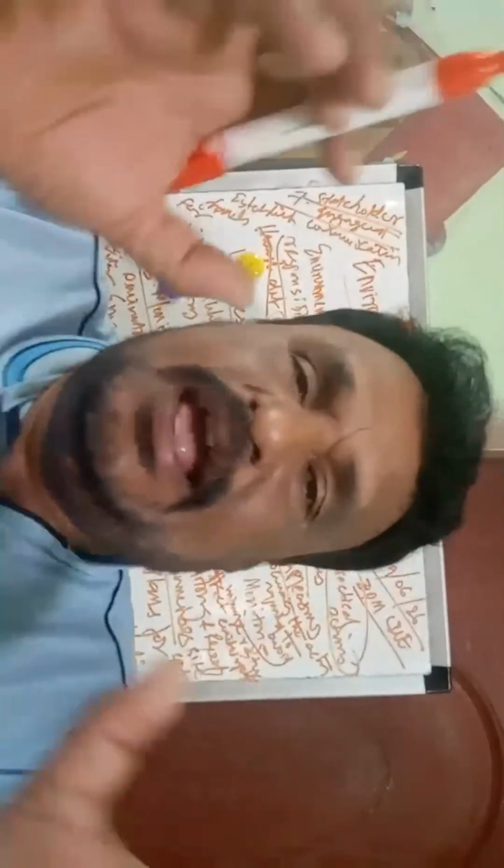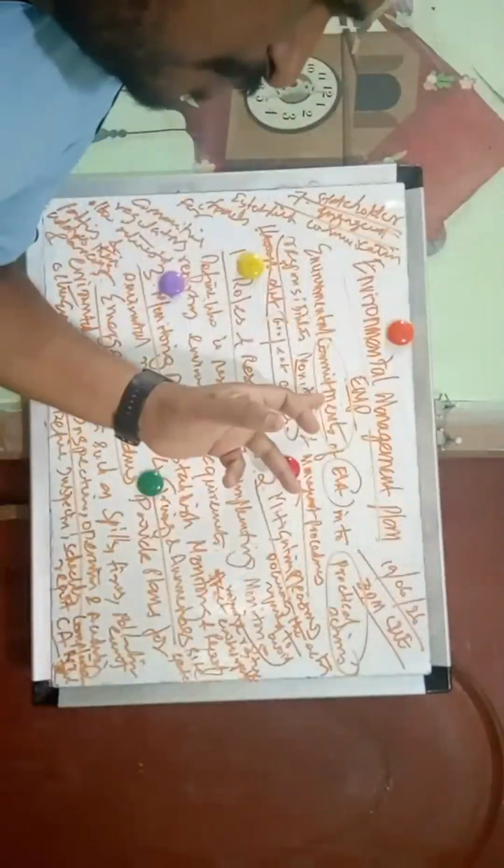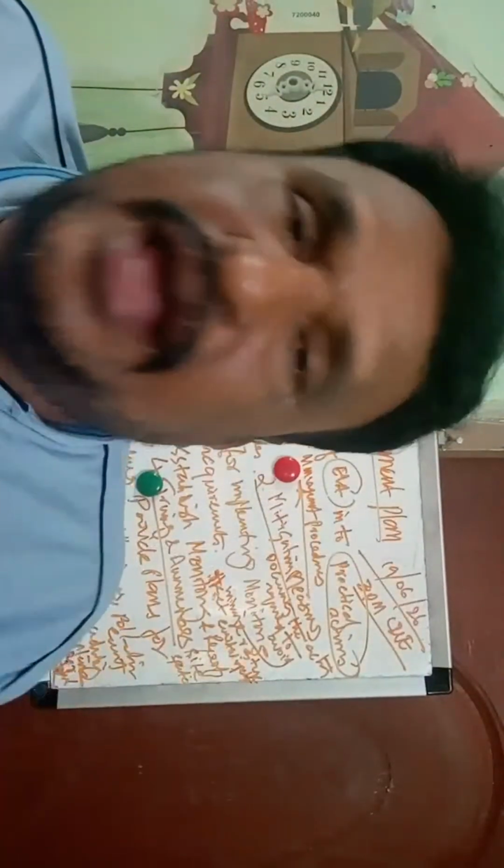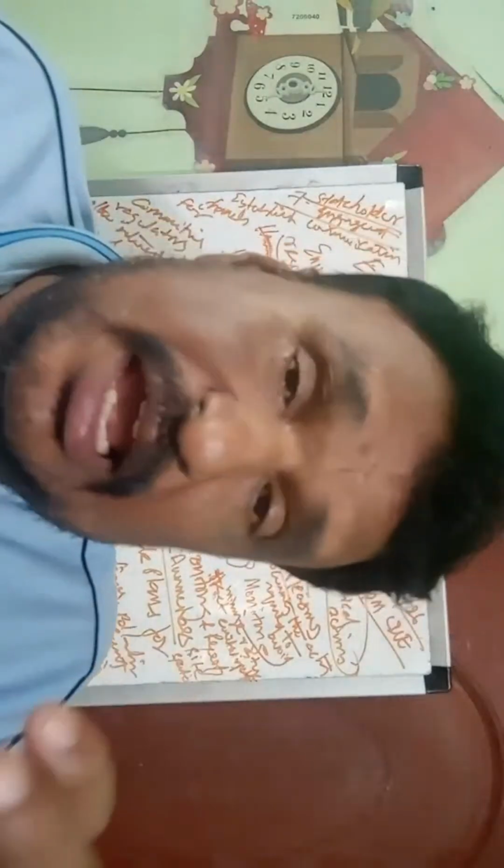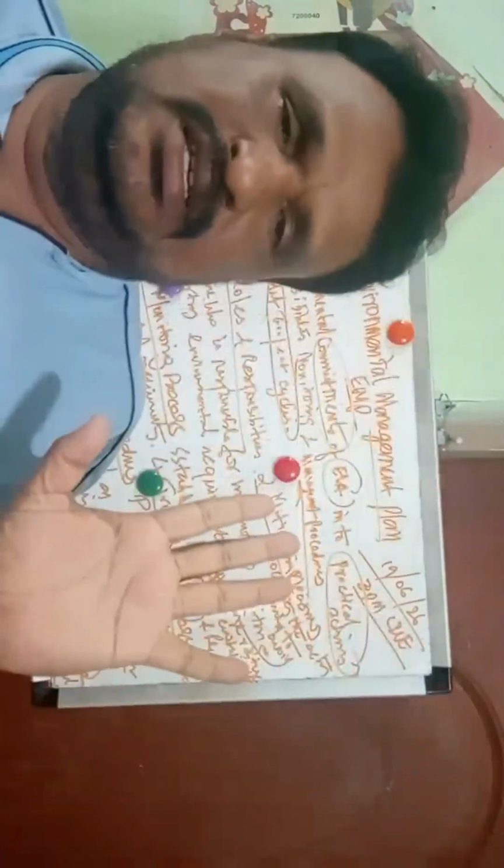This EMP is very, very important, because for those working in construction sites and major projects, the main implementation guide comes from the environmental management plan, which is mainly the implementation of environmental impact assessments.